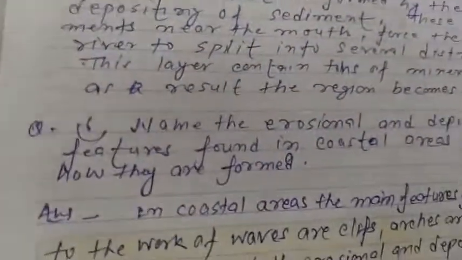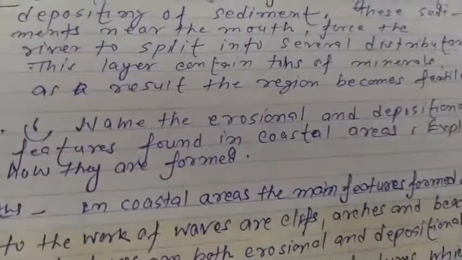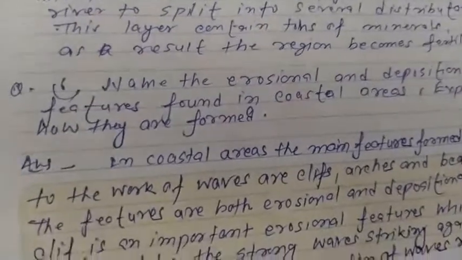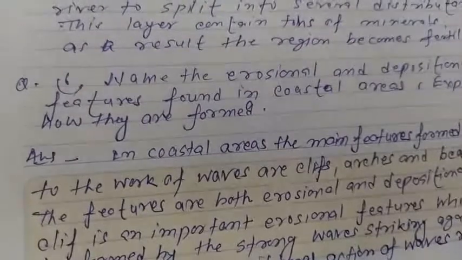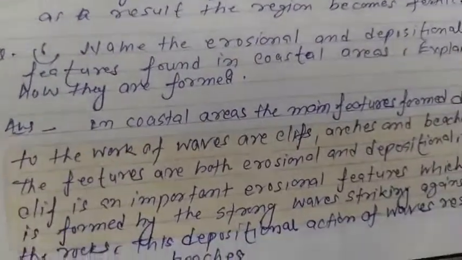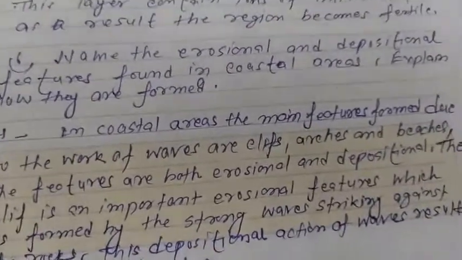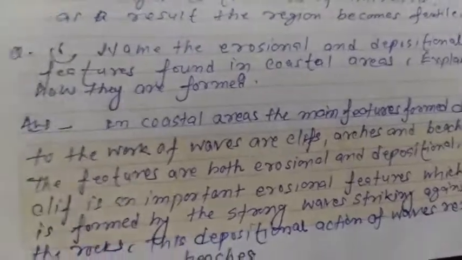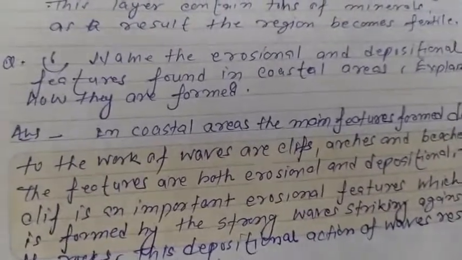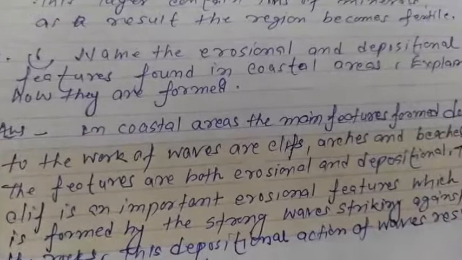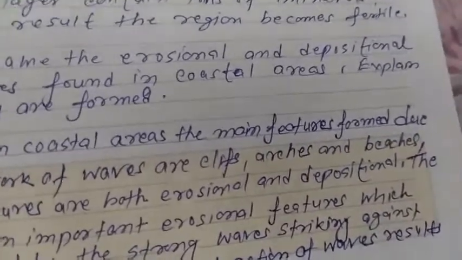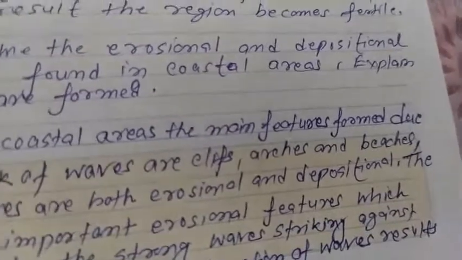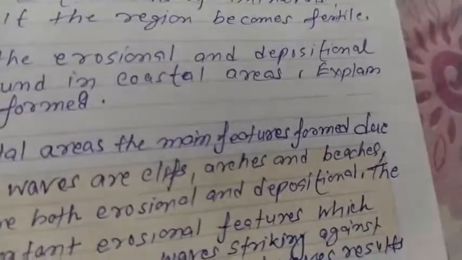Now question 6. Name the erosional and depositional features found in coastal areas. Explain how they are formed. In coastal areas, the main features formed due to the work of waves are cliffs, arches and beaches.